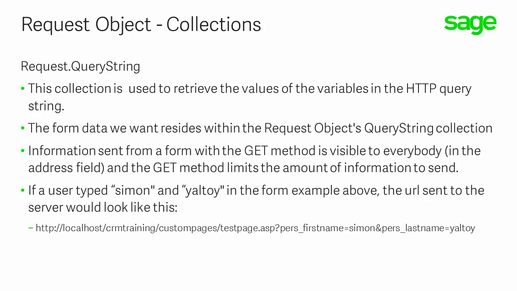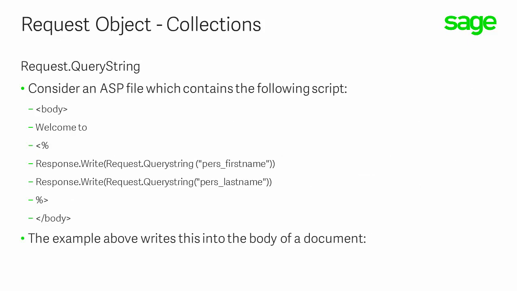The query string contains all of the URL's data, and so we can start to handle the inbound data from the query string. This is how we can work out what's in the URL. A little bit of code that will do that would be request.querystring and then whatever the field is.